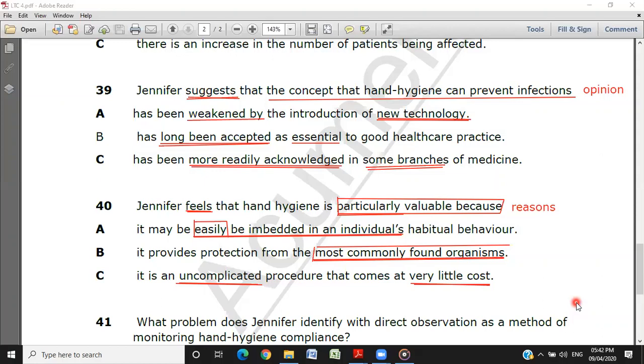One of the most valuable things about hand hygiene is that it works for so many different types of organisms, and you get a lot of bang for the buck, so to speak. Such great protection from so many nasty things by such a simple and inexpensive action that any person can do with ease. The issue is that you have to practice it at a high level of compliance for it to work.